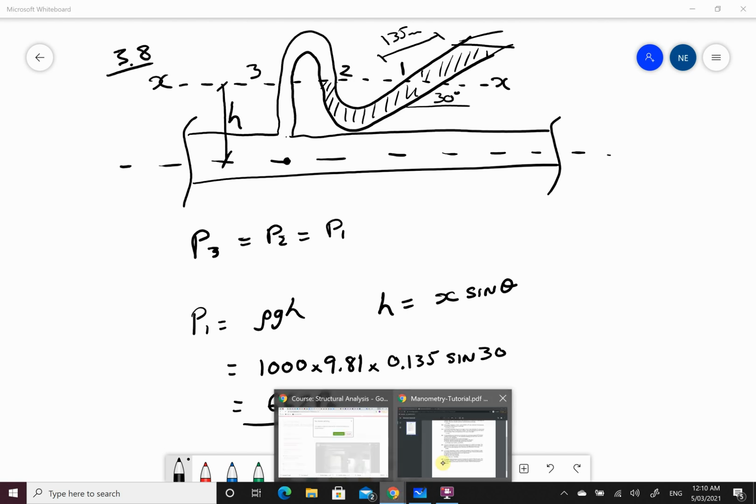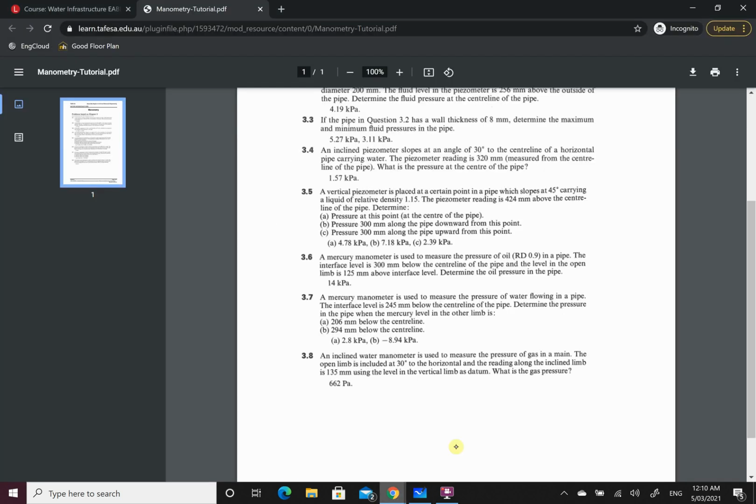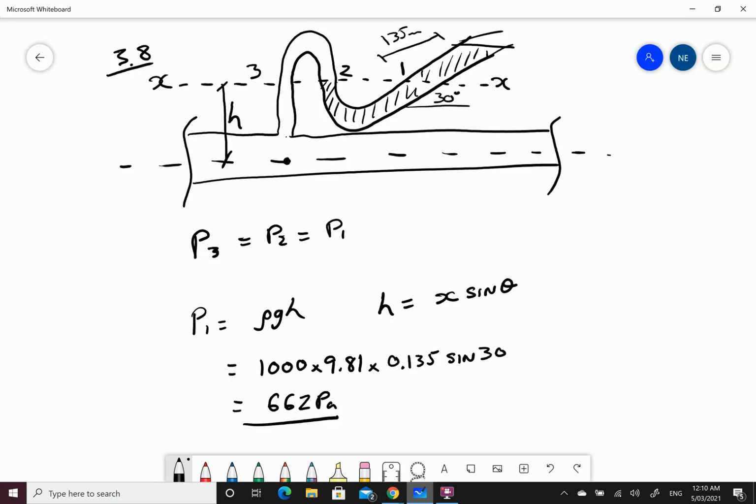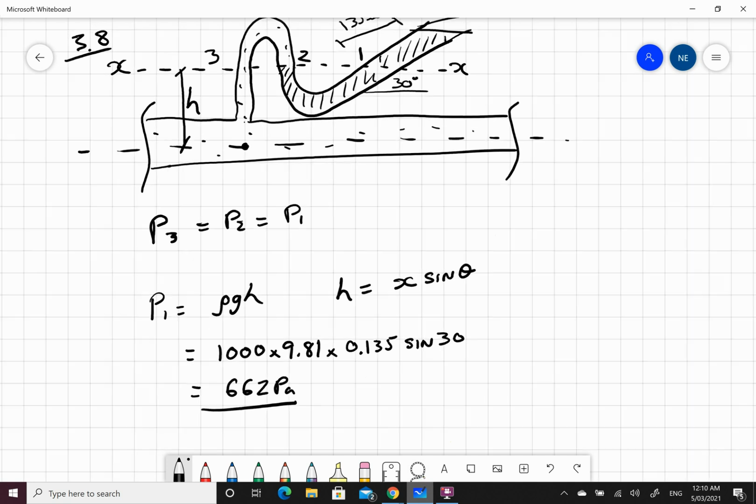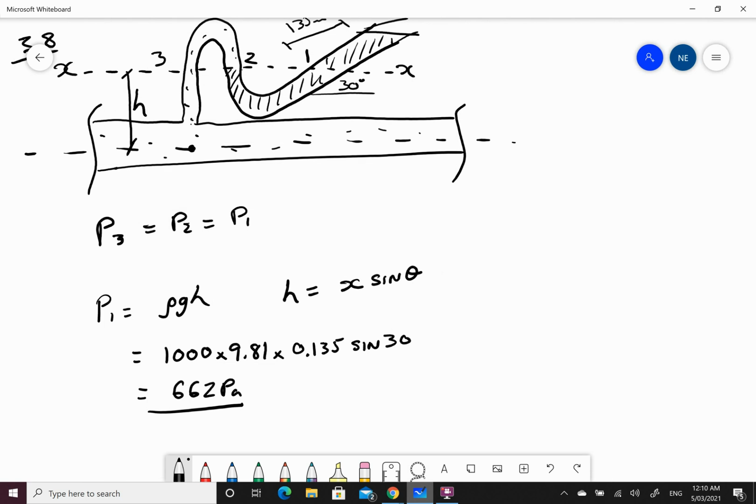Now what are we looking at? What's the rest of the substance here? Well, the rest of it is determine the pressure of gas in a main. So it's gas. All through here is all gas. All through here is all gas. So usually what happens is if we've got water, we calculate the pressure at point 1, which gives us point 2, gives us point 3. What we will then do is account for all of the weight of the fluid above it, and we add P1 to the pressure here.